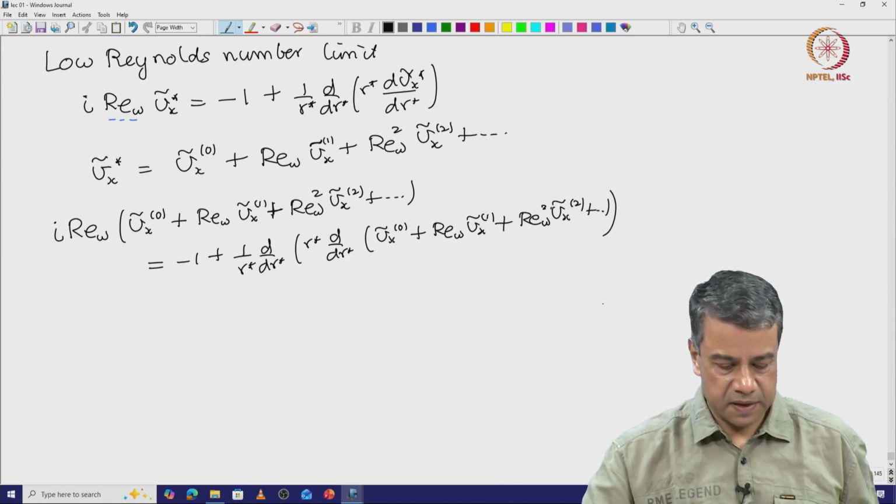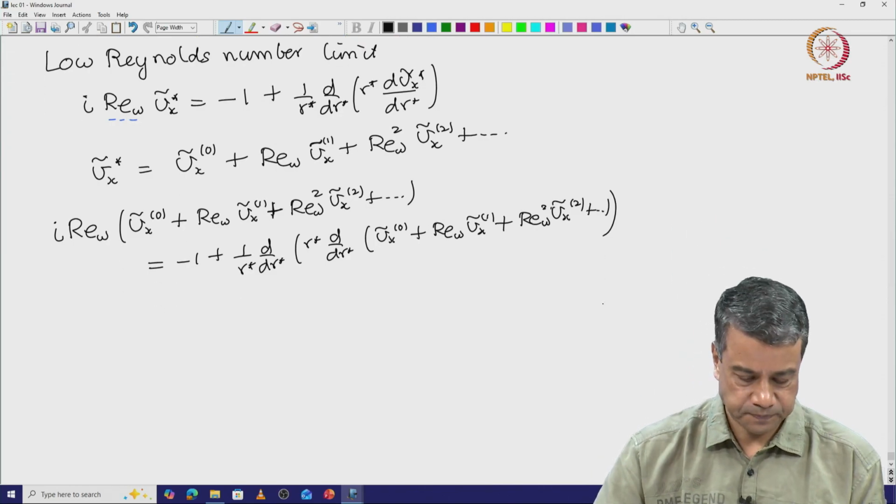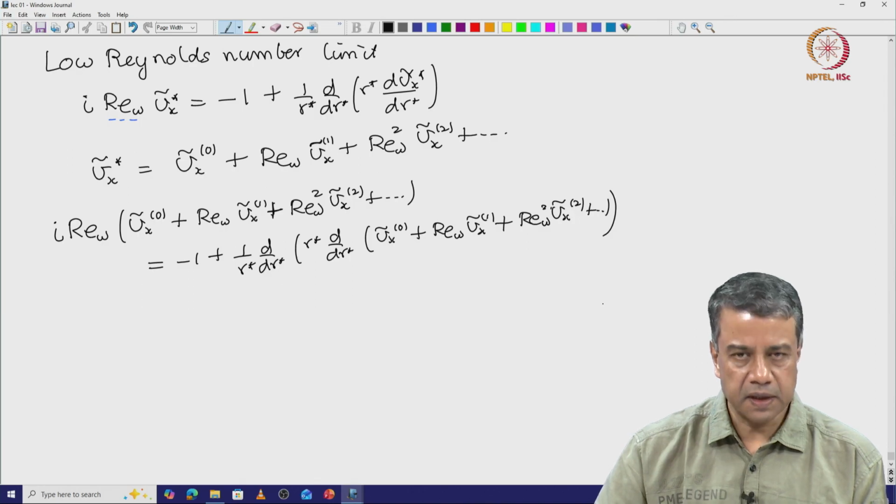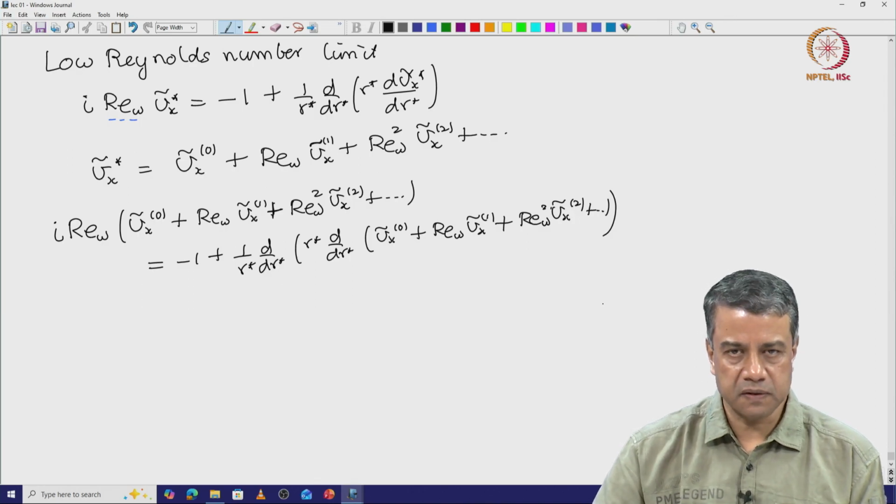Expand the left and the right sides, and collect terms of equal powers of Re omega.